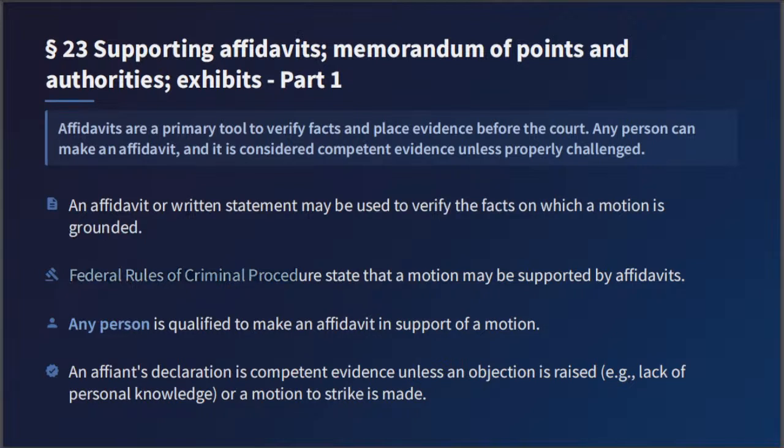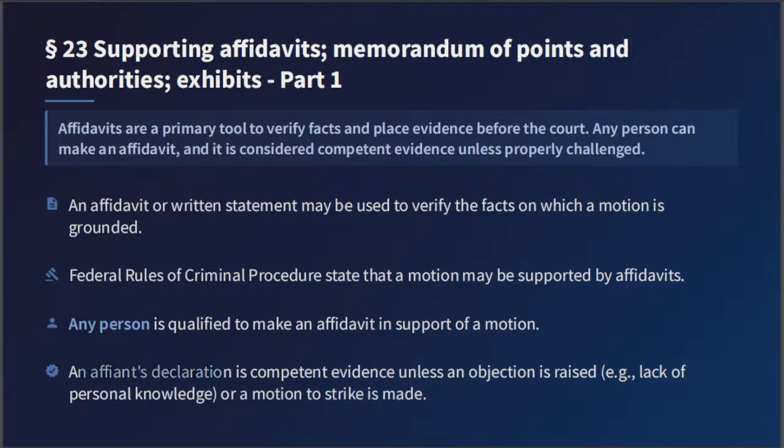Federal rules of criminal procedure state that a motion may be supported by affidavits. Any person is qualified to make an affidavit in support of a motion. And an affidavit or declaration is competent evidence unless an objection is raised. Example given is lack of personal knowledge, or a motion to strike is made.